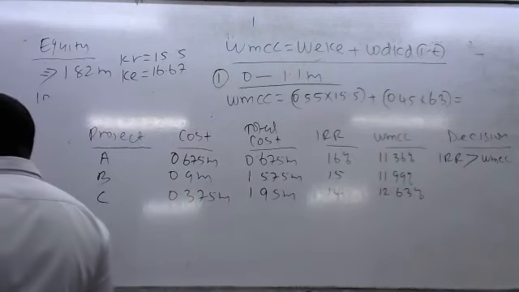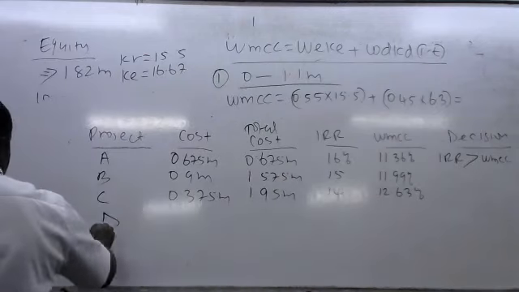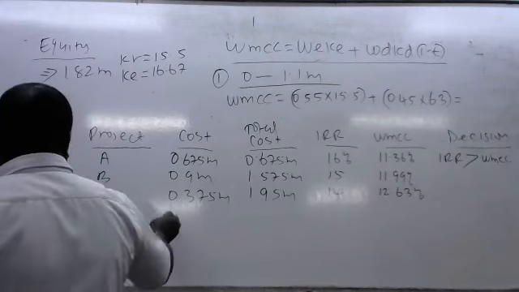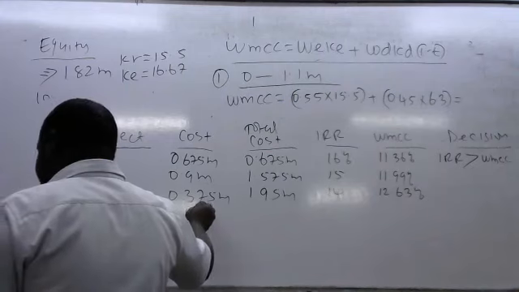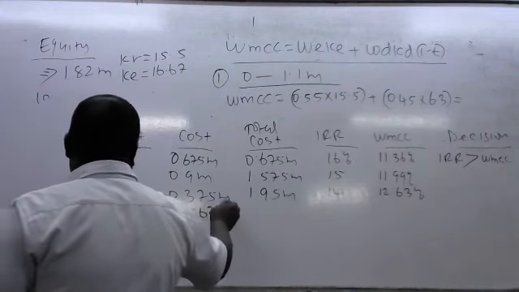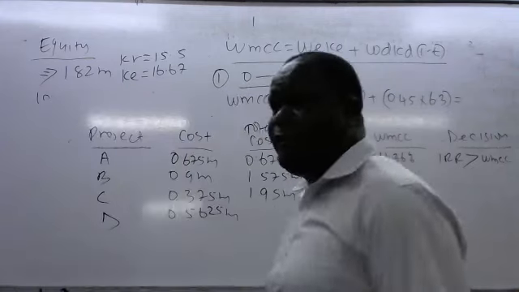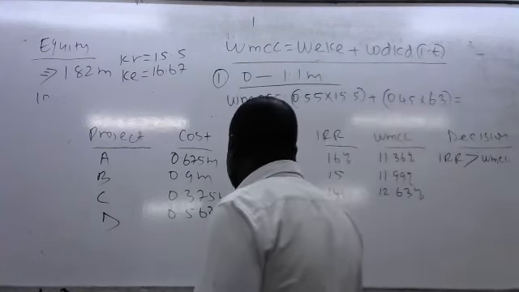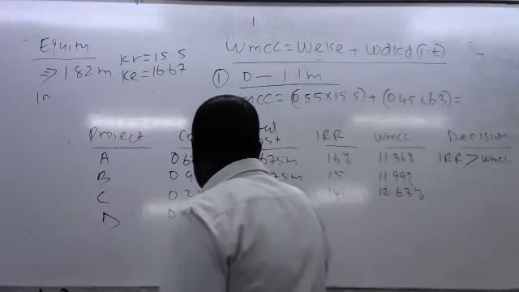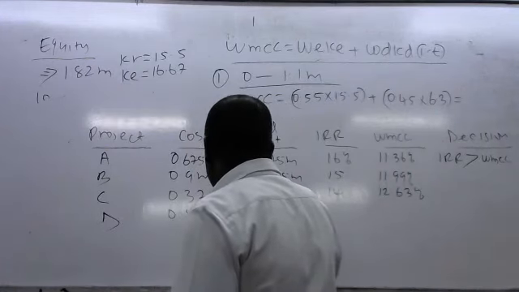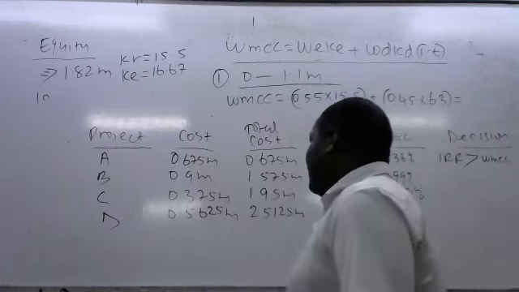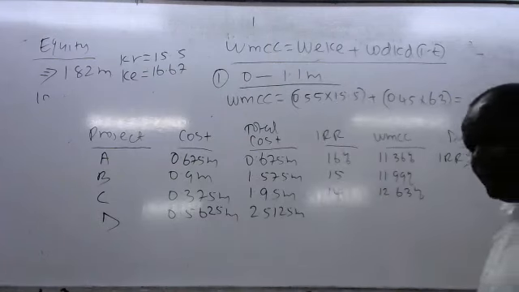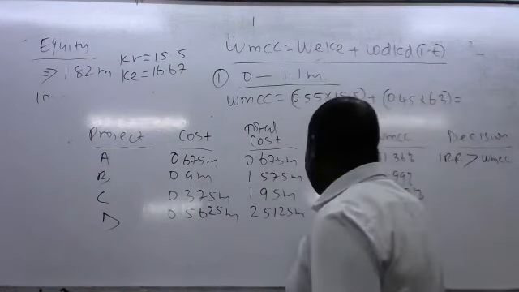So the next will be project D. D had an initial cost of 0.5625. So the cumulative should be 2.5125. So the IRR for project D is given as 12.